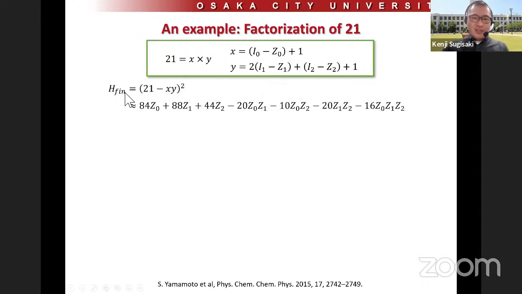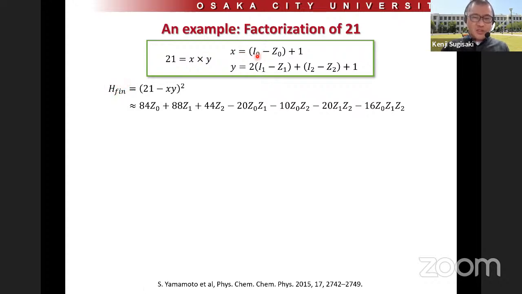And the final Hamiltonian can be defined like this: (21 minus xy) squared. So in this case, if x times y equals 21, the ground state energy of the final Hamiltonian is 0.